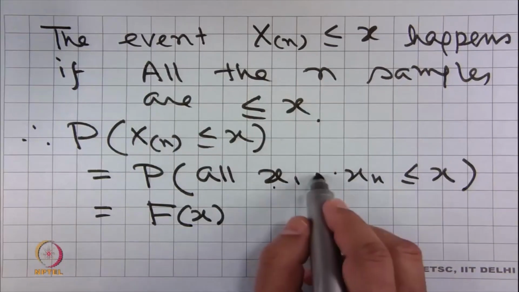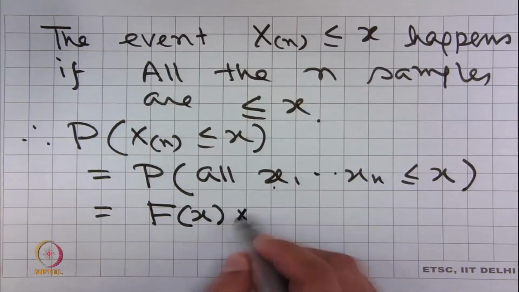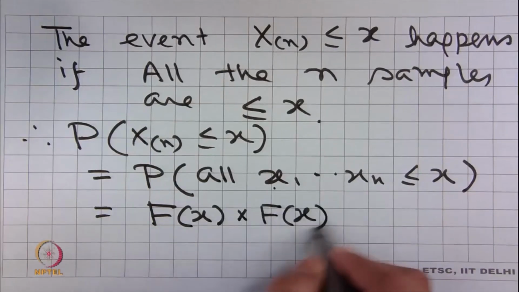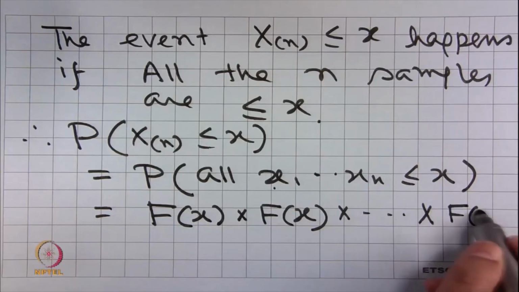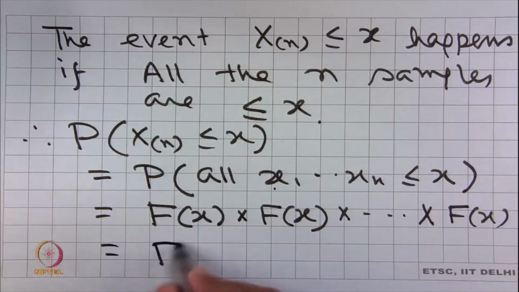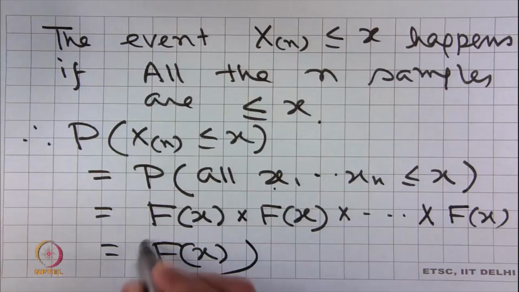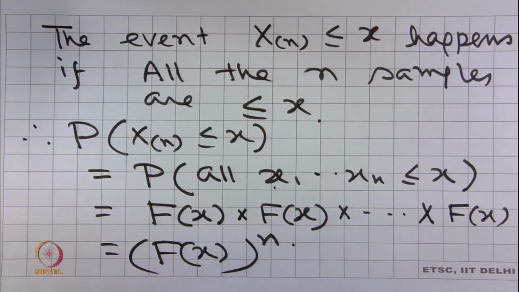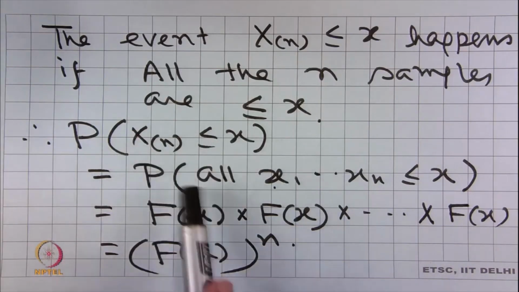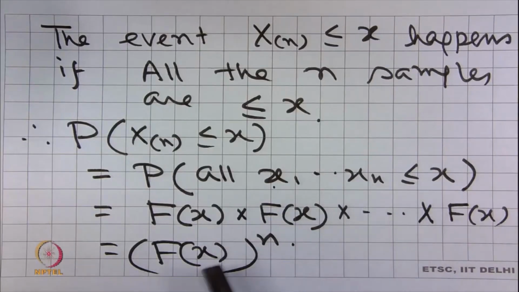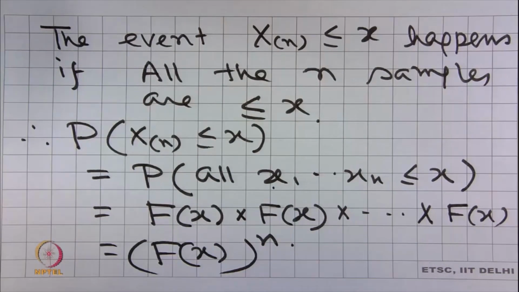Similarly, what is X2 less than or equal to x? That is also F(x). So the product is F(x) to the power n, right. Therefore, the maximum will be less than or equal to x if all the observations are less than or equal to x, and that probability is F(x), where F is the parent distribution, to the power n.